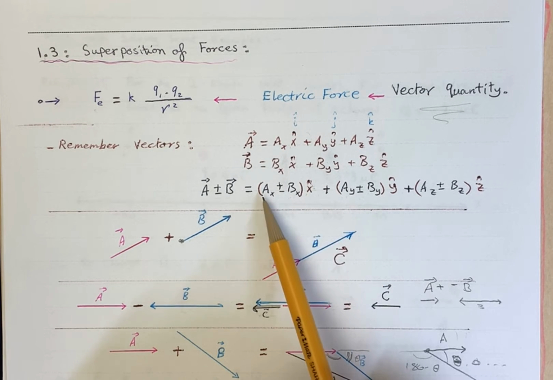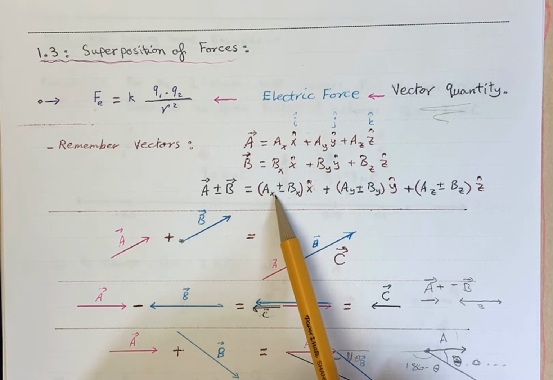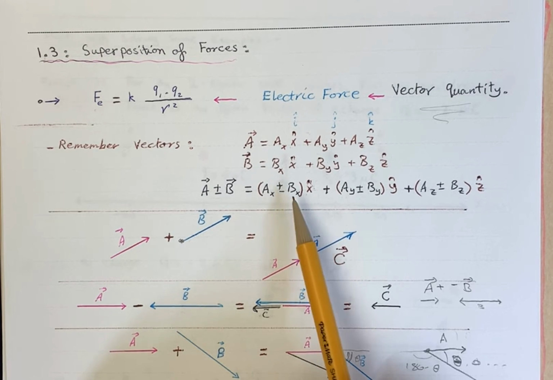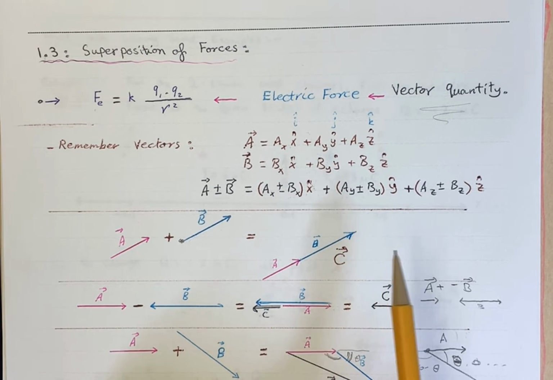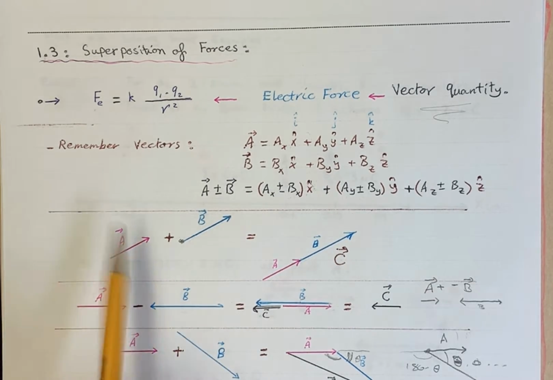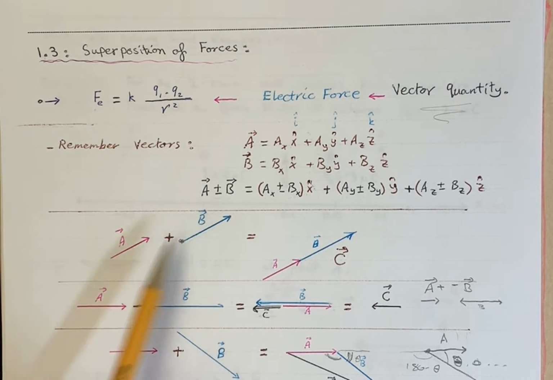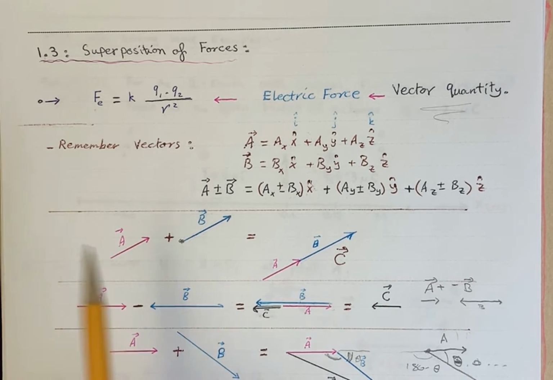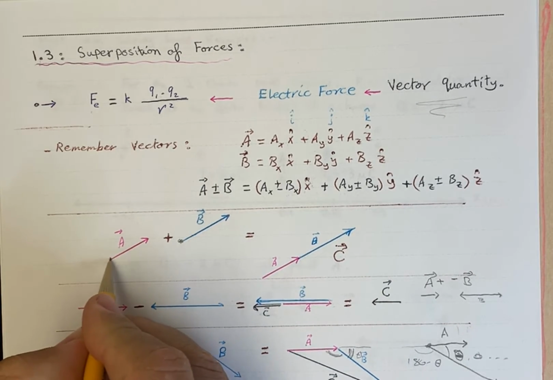Now this is just if we deal with them in their components, but we need to understand more by drawing these vectors, and we do that commonly, and it helps us to understand or solve any problem. If we have the two vectors A and B, you can see that they are both in the same direction, even if they didn't start from the same point, but they are parallel.